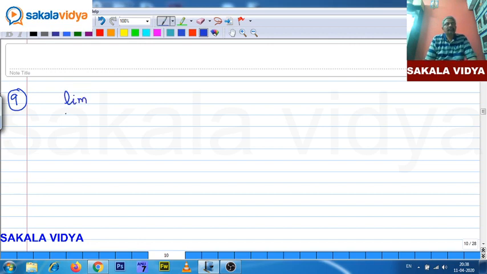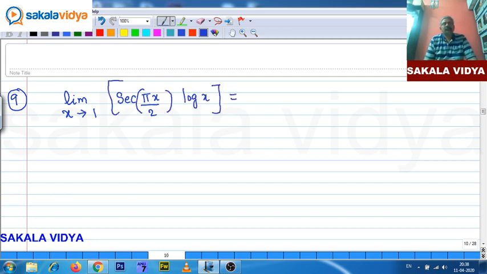Limit x tends to 1, secant of pi x by 2 into log x equals to.